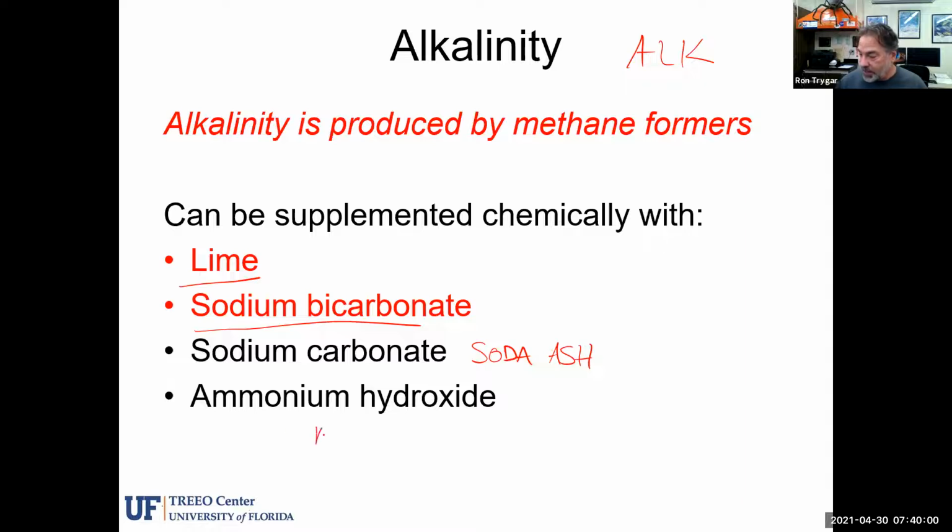We can also find, in some cases, magnesium hydroxide is used. And I'm going to write that up here, magnesium hydroxide. So there's other chemicals that can be used. Lime is essentially calcium oxide, and it's wetted to form calcium hydroxide.